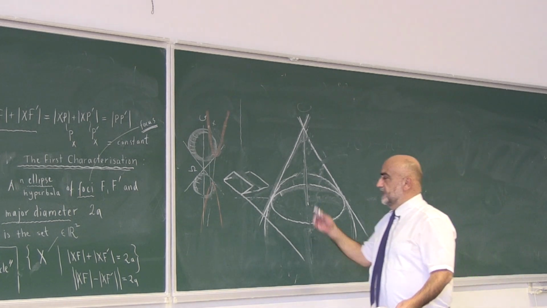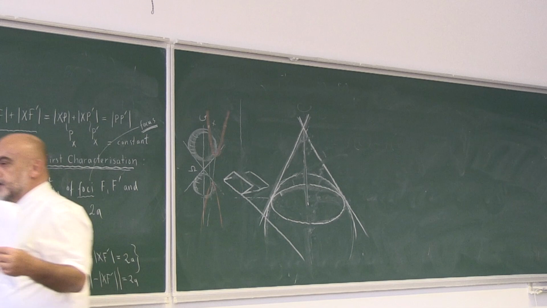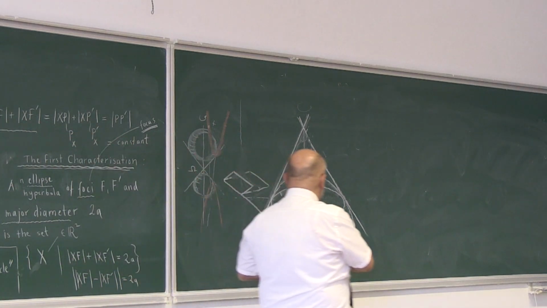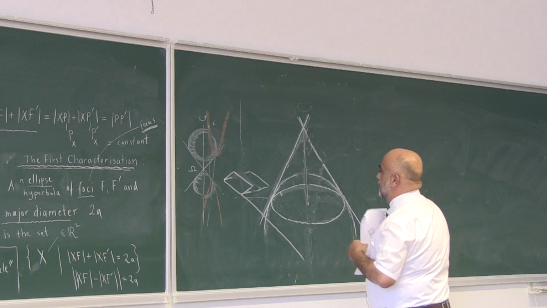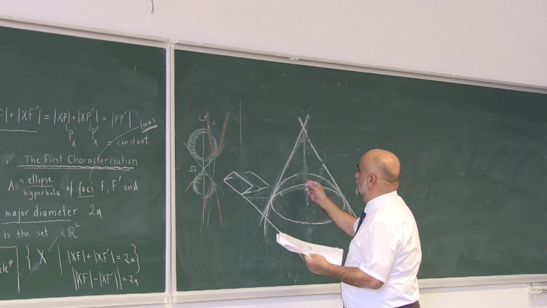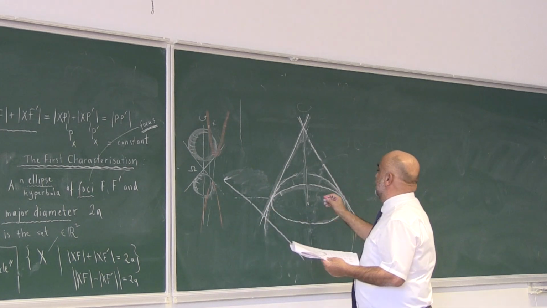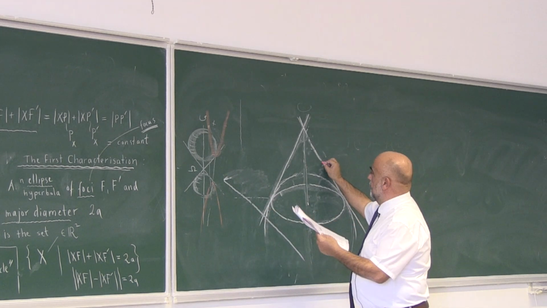Now, let me intersect this slanted plane that intersects the cone in this interesting curve. So somehow, okay, there is a curve. So let me get rid of these things. So there is a curve, something like this.